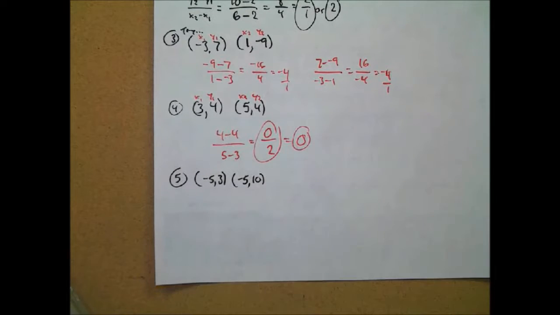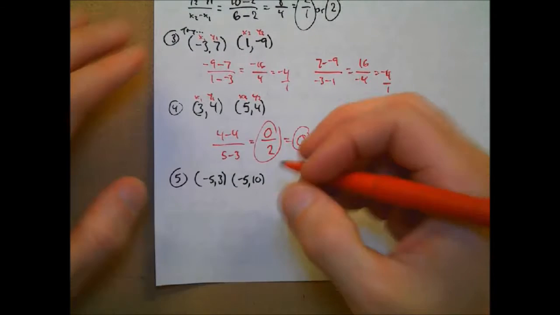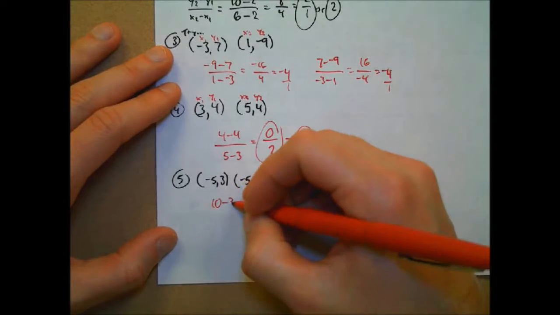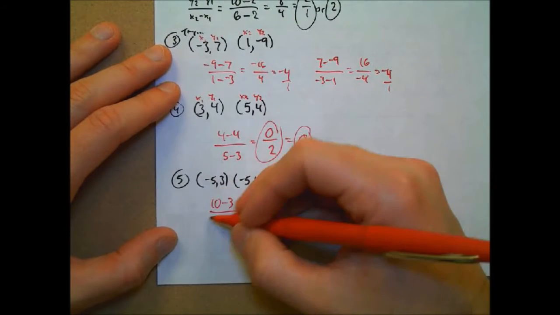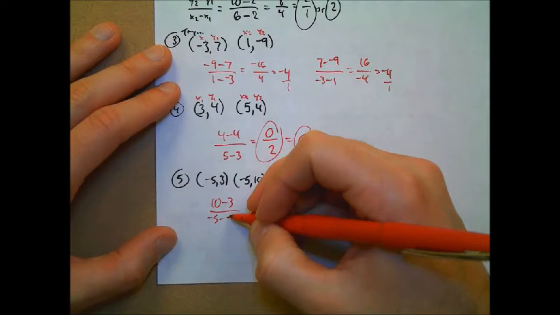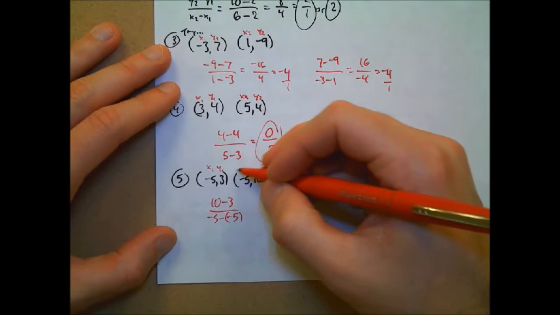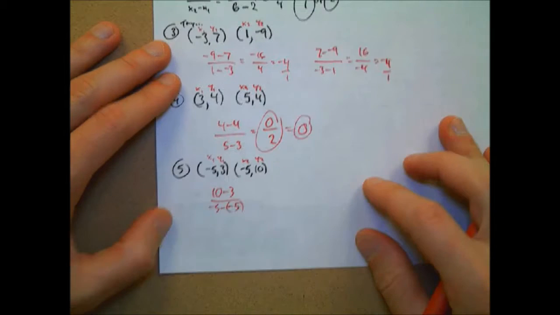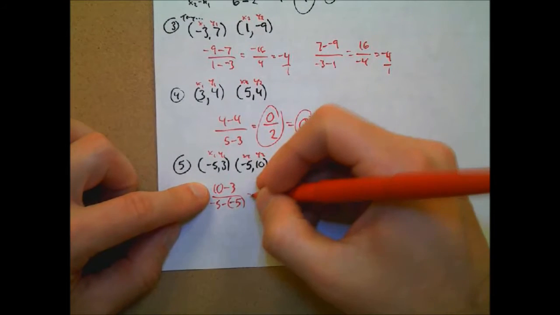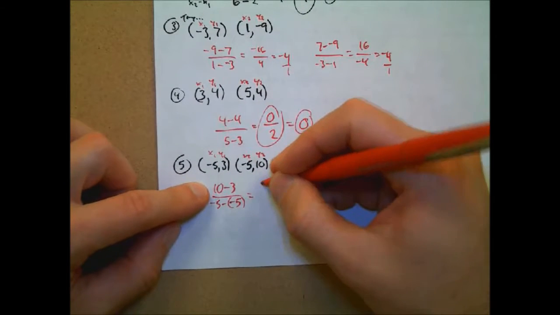How can we find the slope or the average rate of change between these 2 points? What would we write? 10 minus 3 over negative 5 minus negative 5. Okay, again, that's x1, y1, x2, y2. So 10 minus 3, Kendall, what's that? 7.